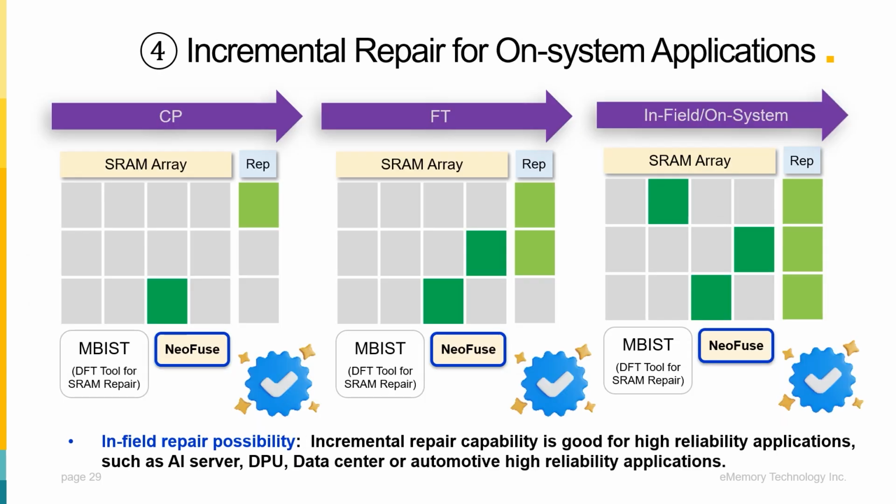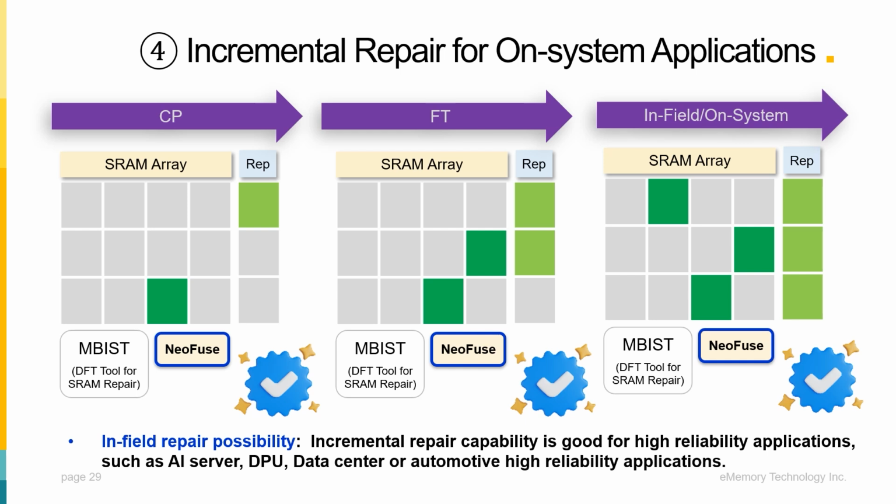The fourth advantage is that OTP has lower programming energy and large capacity, so it can be programmed multiple times. It's particularly suitable for AI server, DPU, data center, and automotive-grade, high-reliability applications.